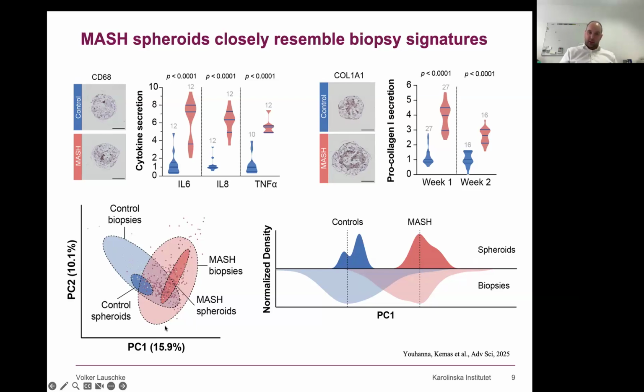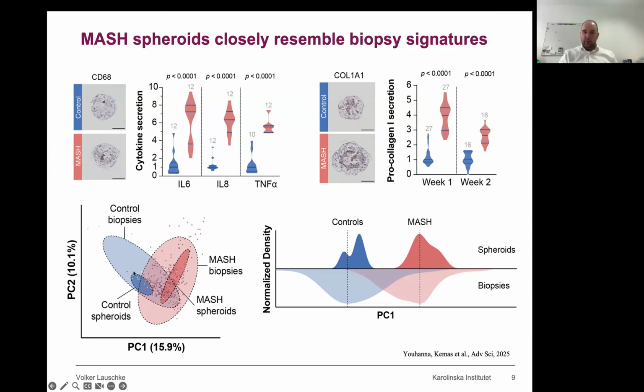And maybe what is most interesting of this data was when we compared the overall transcriptomic signatures, where we used data from the literature. This is, I believe, a total of around 300 MASH and control biopsy samples. This is literature material that we mined, and we cross-referenced it with a total of 20 different MASH spheroid and control spheroid samples, with total transcriptomic analysis.